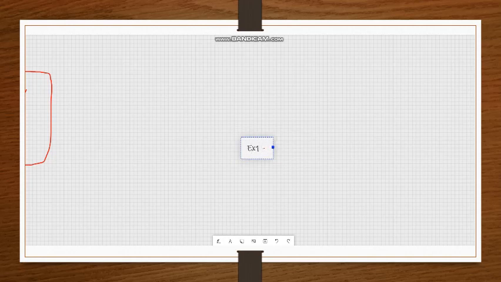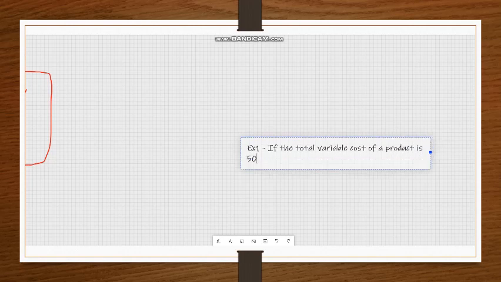If the total variable cost of a product is 50,000 Turkish lira, and total fixed cost is 150,000 Turkish lira.